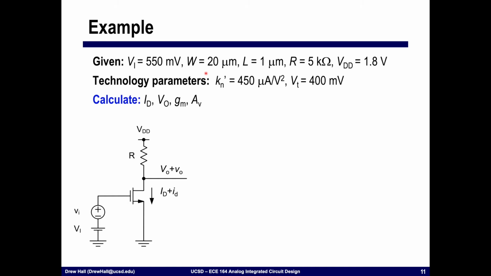The transistor has a transconductance parameter of 450 microamps per volt squared, and we have a threshold voltage of 400 millivolts. So the first thing that we need to do is calculate the operating point. We want to calculate ID, Vout, gm, as well as the small signal gain of the circuit.